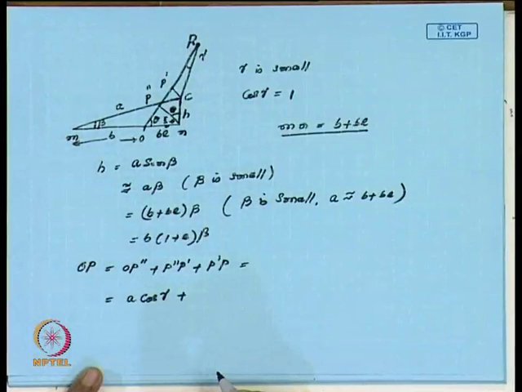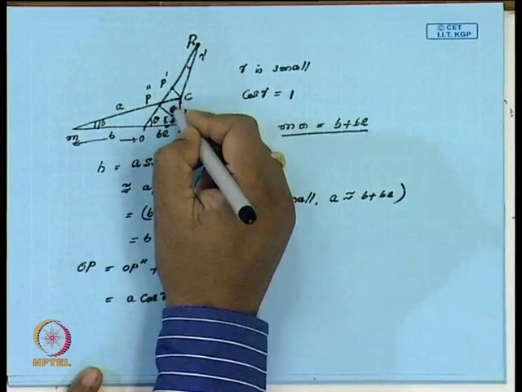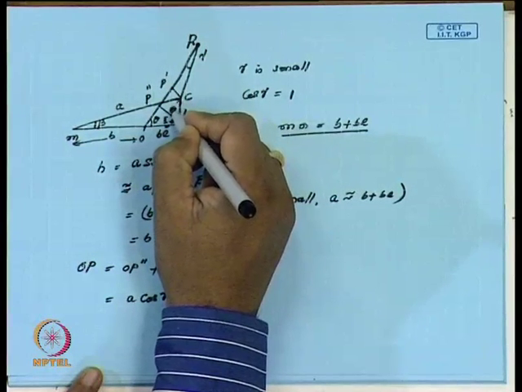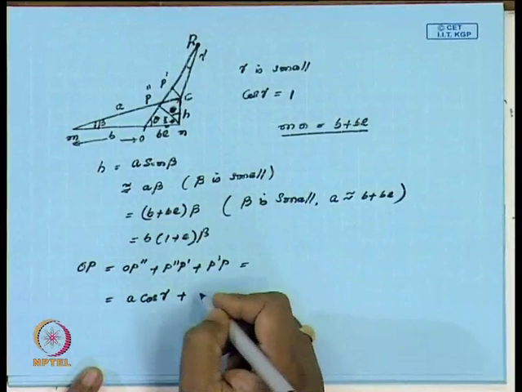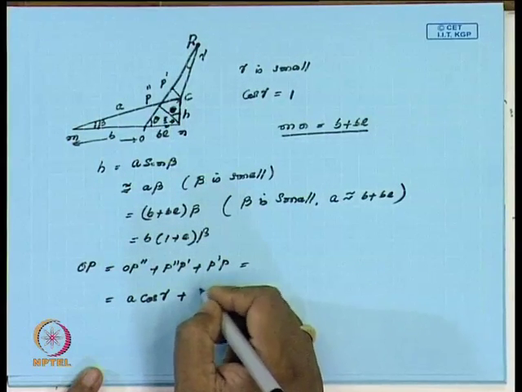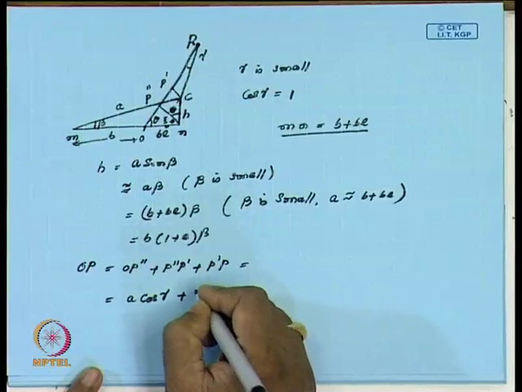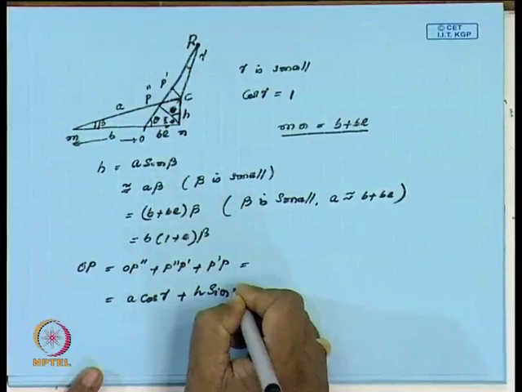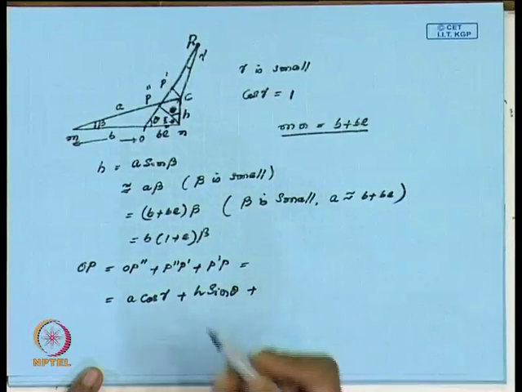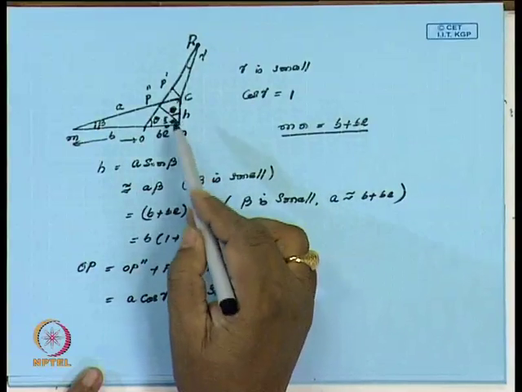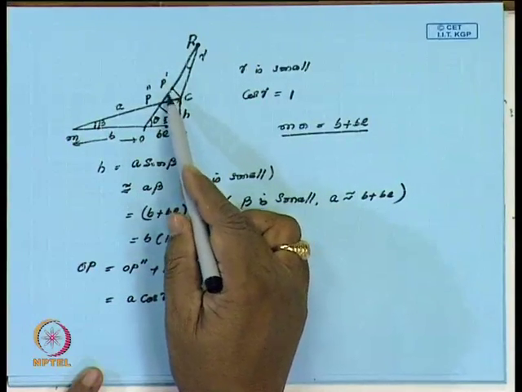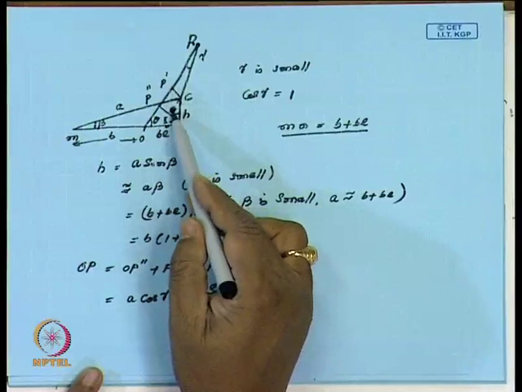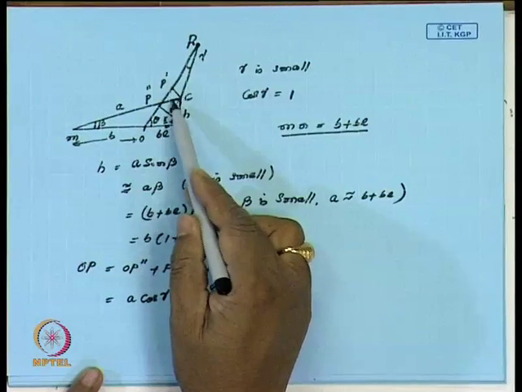If this angle is theta, and I draw a parallel line here, then it can easily be seen that P prime P double prime will come as H sin theta. This will be parallel, this is a perpendicular, this is a perpendicular, so this line is the same as this line.